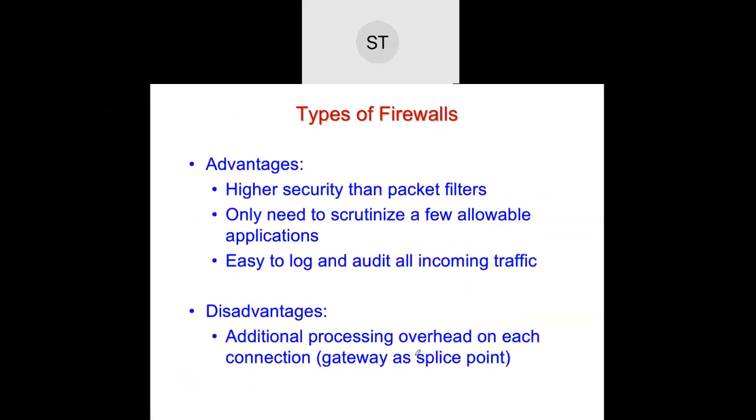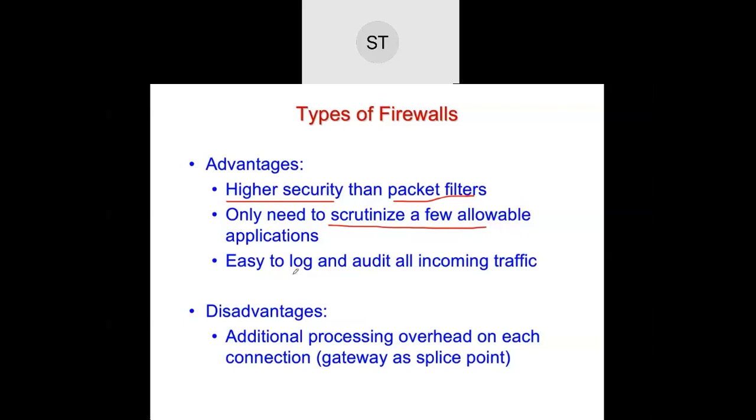Advantages: higher security than packet filter, because it is not at all rule based. That's why more security can be implemented. Only need to scrutinize a few of the allowable applications, not necessary to screen all.